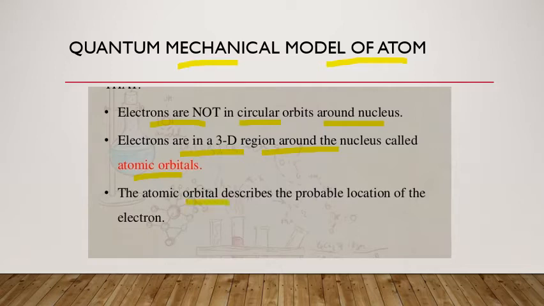The atomic orbital describes the probable location of the electron. Not 100% can we say the electron is located there. It is only the region where the electron has the maximum probability of existing.